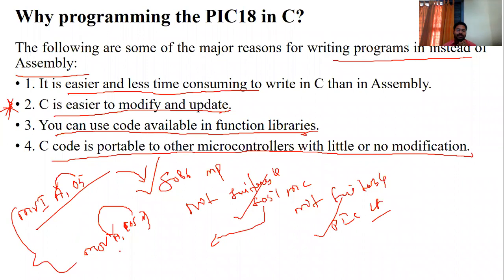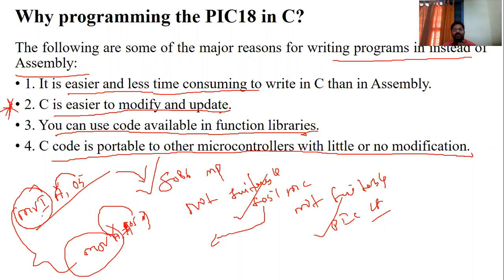The meaning is the same: 05 is moved to A in both cases. But the syntax, the mnemonic, differs. This is MVI, move immediate, and this is the move instruction. So by changing the device, the assembly level language program also changes.